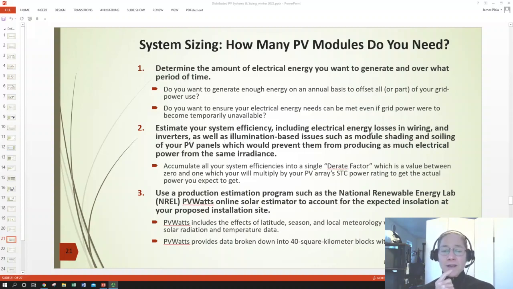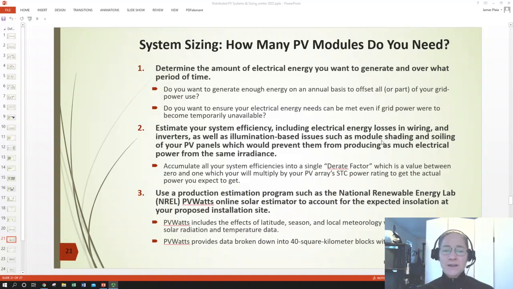We're going to have to be realistic about module shading. As much as we would like to think maybe our modules are always in the sun, it's really easy for our favorite tree or maybe our neighbor's fence post or a power pole or a stack, a roof penetration to start shading a module or two. It's never realistic to assume that we never have shade.